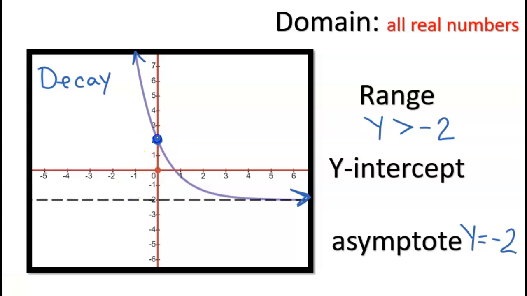The y-intercept is (0, 2). Those are the key features that we are going to need to be able to determine from a graph of an exponential: the domain, the range, the y-intercept, and the asymptote.